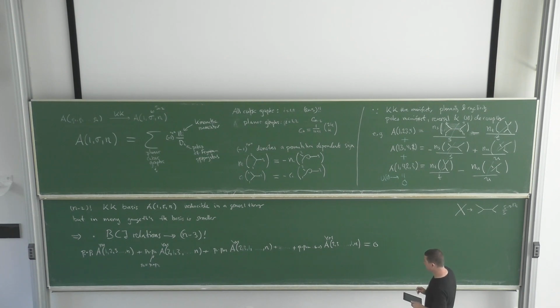Now, this relation looks suggestive. It almost looks like a Ward identity of the type we saw in Shruti's talk. And there is a deeper understanding of it, but let me just tell you the original understanding, which was in the work we did more than 10 years ago.